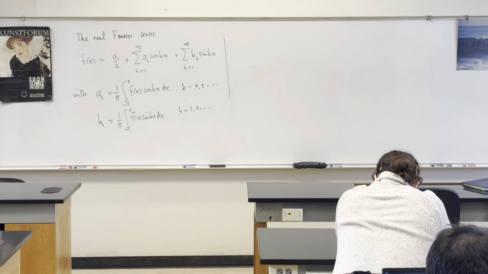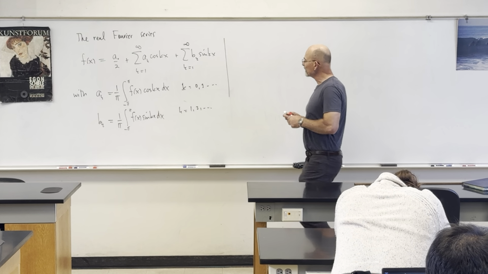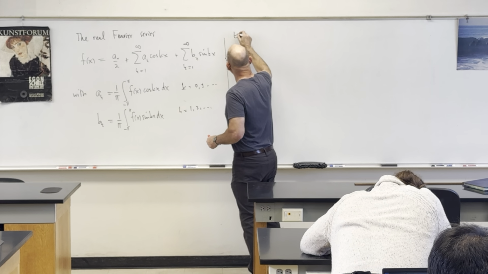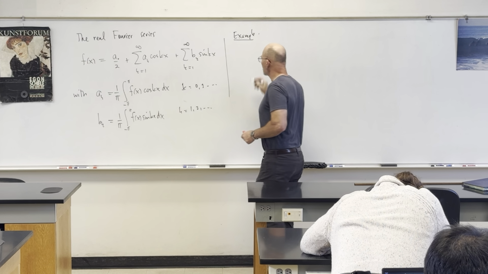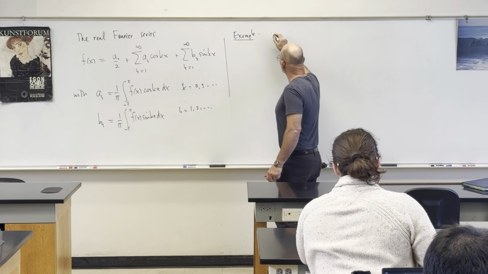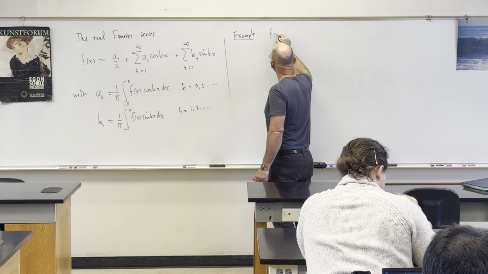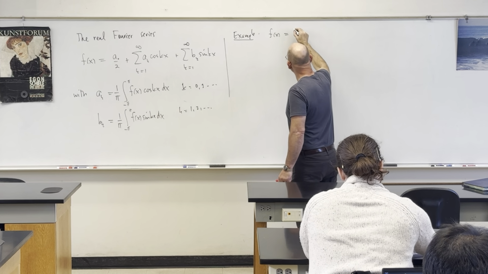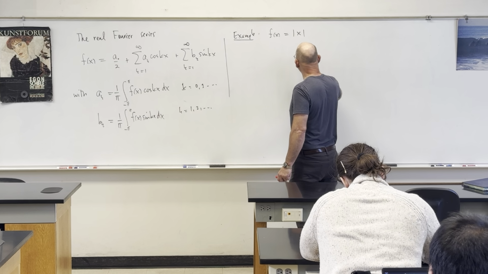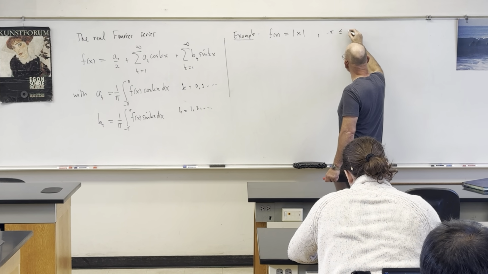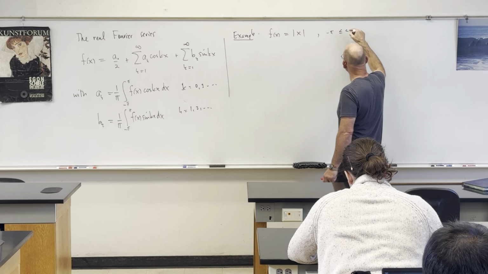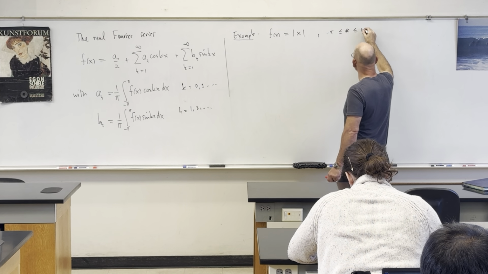Here's our next example. I'm going to start listing these just for homework. We'll get started on all of them together. What if we have f of x equals the absolute value of x for minus pi less than or equal to x less than or equal to pi?